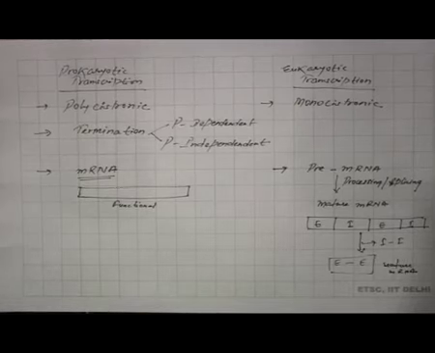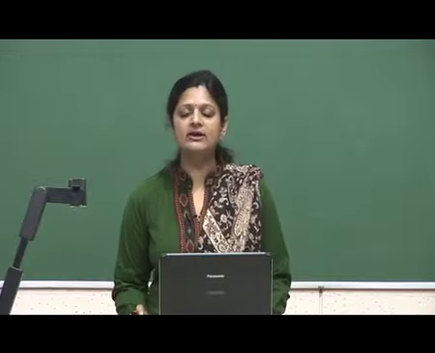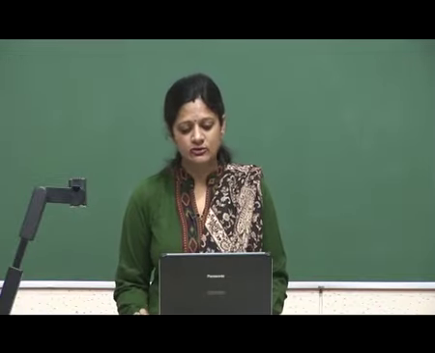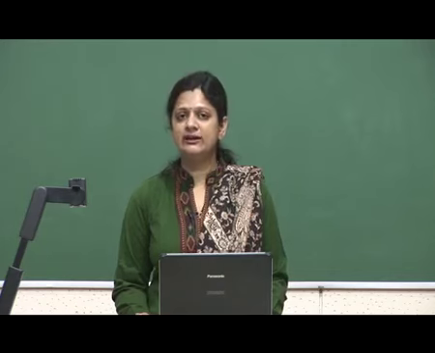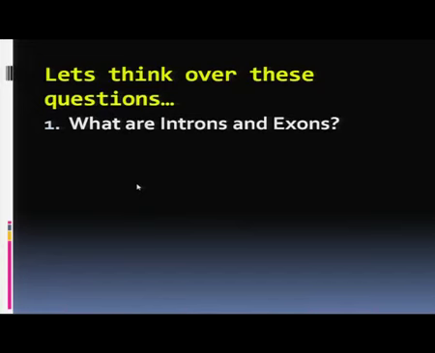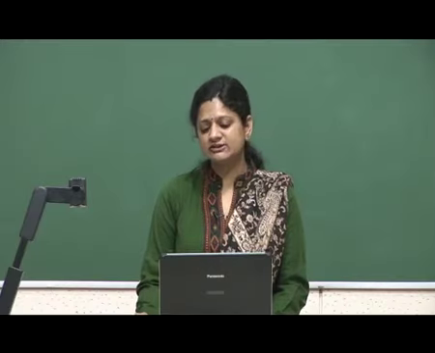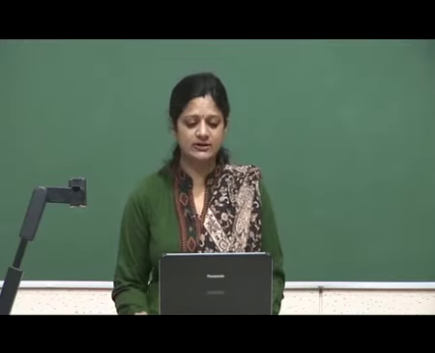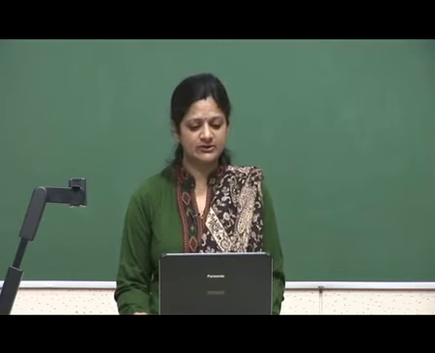So, I hope the differences in prokaryotic and eukaryotic transcription will be clear to you. Now, let us think over these questions. The first: what are introns and exons? This question is very much easy for you. Just think over this question and I will give the answer in my coming session.